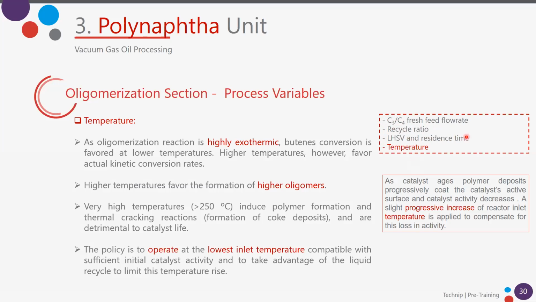We have, of course, to have the appropriate liquid hourly space velocity and the associated residence time to get the right product quality between the gasoline and the middle distillate from the section. And we have the temperature, which is quite important because this is a highly exothermic reaction. So we have to work at the appropriate temperature in the reactors.